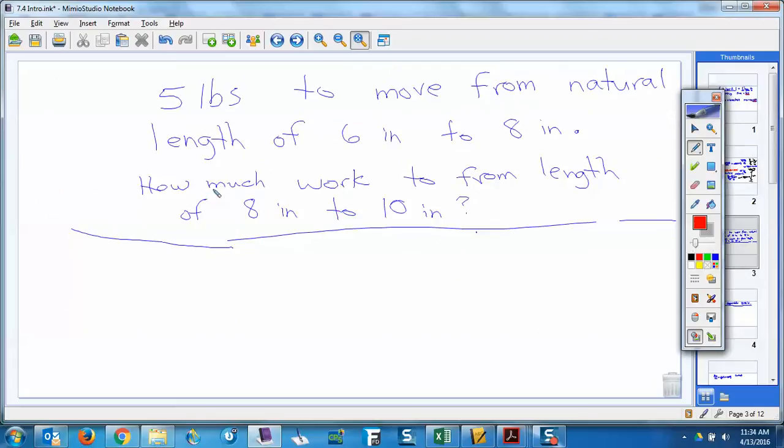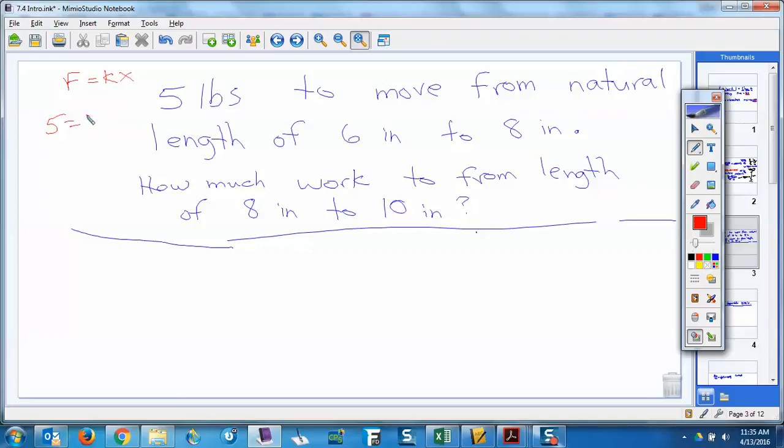Okay? So, just to review very quickly a spring problem, let me throw this out here. Let's say 5 pounds of force were needed to move it from 6 inches to 8 inches. Natural length was 6 inches. What would I do first with that information? F is kx, right?